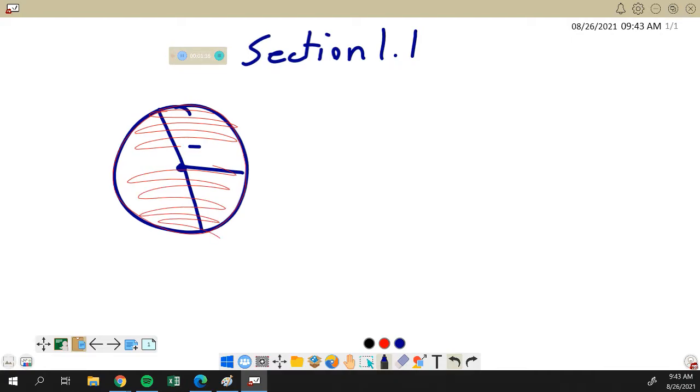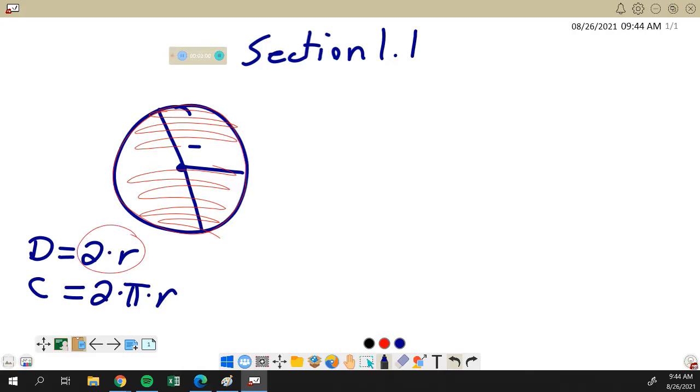So we know that the diameter is equal to 2 times the radius. Okay. What about circumference? 2 times pi times r. Or you'll notice that d is 2 times r, so the circumference could also be listed as pi d.